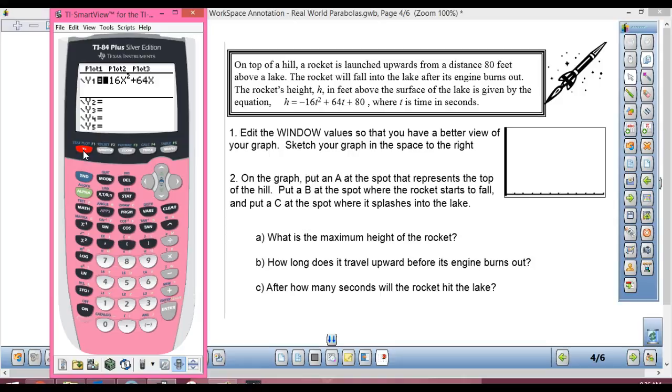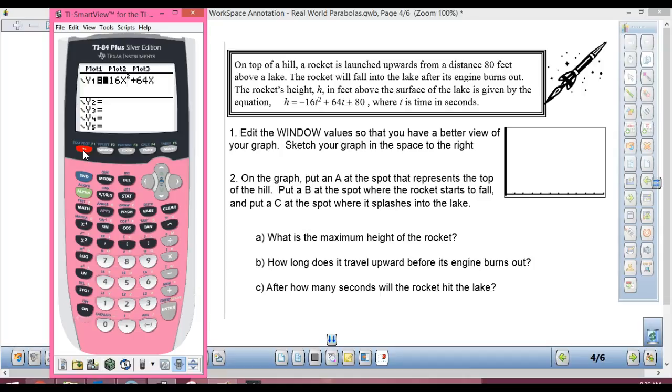Okay, so think about this: you're on top of a hill, and a rocket is launched upwards from a distance of 80 feet above a lake. Okay, what does that mean? Okay, so it means I've got my lake here, and I'm on a hill right here. How high is my hill? 80 feet.